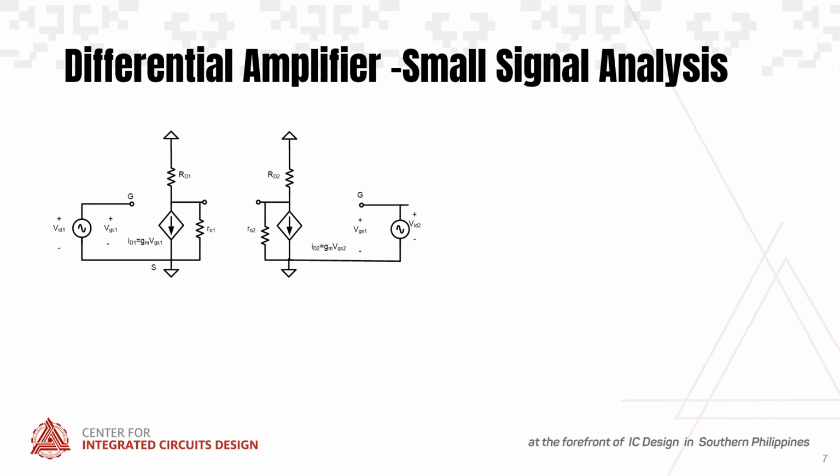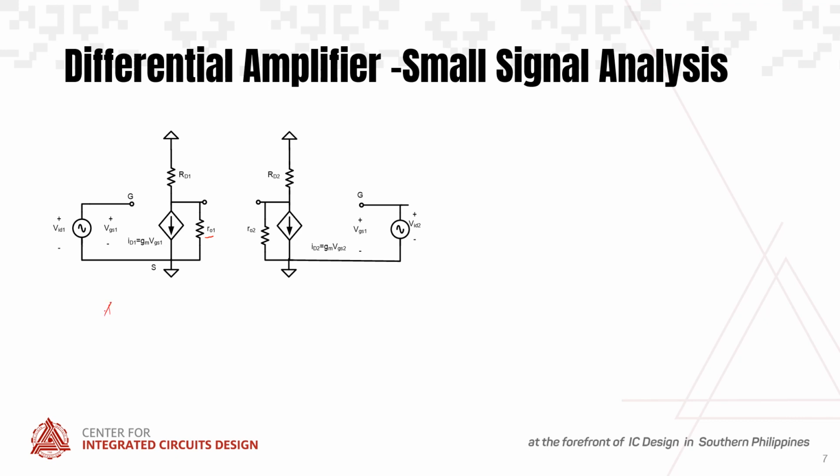Here we can see that we added a resistance RO1 in parallel with our GM VGS1, considering that this is the output impedance with respect to channel length modulation. Since this is in parallel with RD1 and RO1, we'll have the overall resistance equal to RD1 parallel RO1.